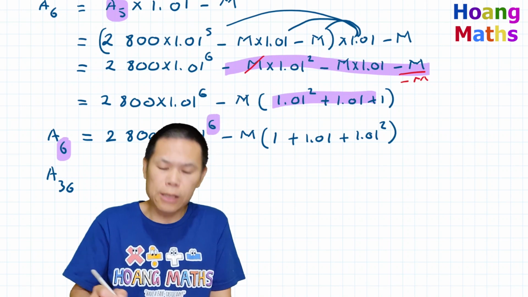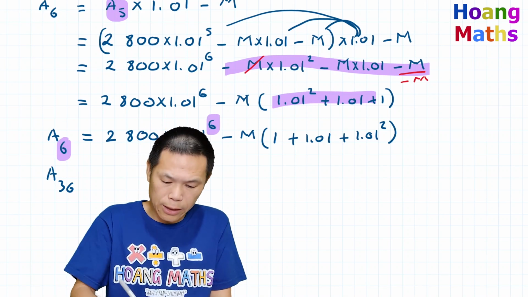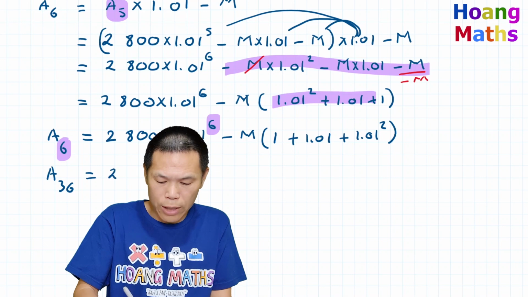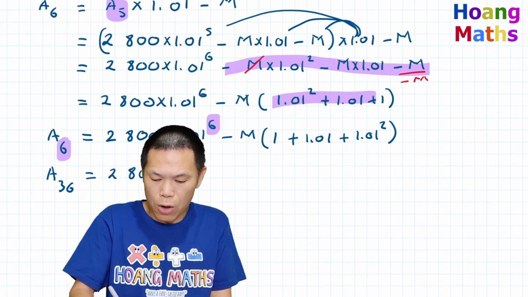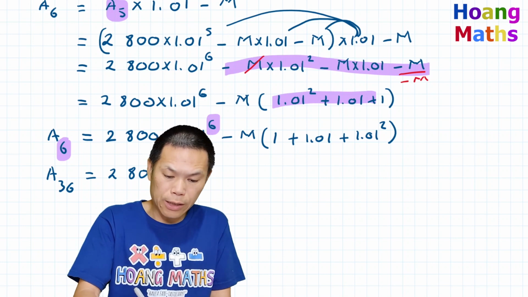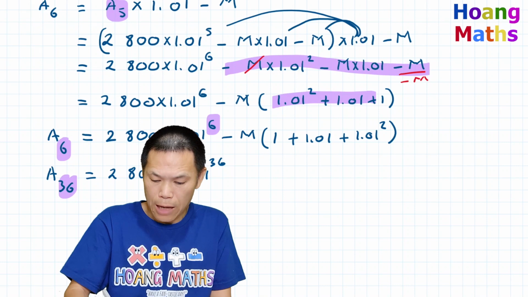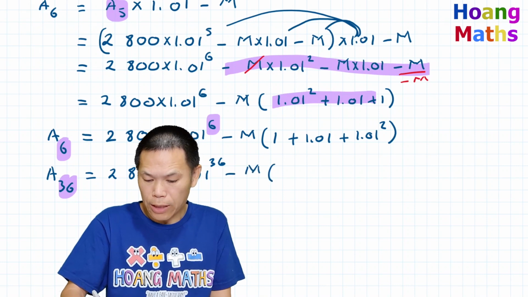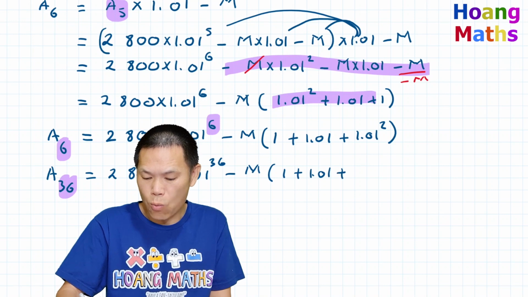A6 gives me this power of 6. So that is equal to 2,800 times 1.01, then this is 36, so it should be power of 36. And we minus M times 1 plus 1.01, we add 1.01 square, and so on.